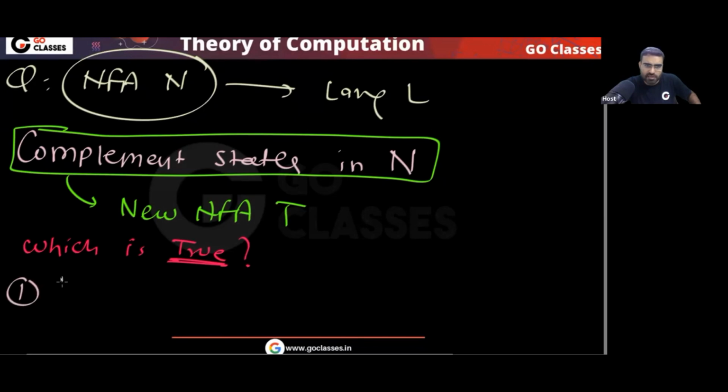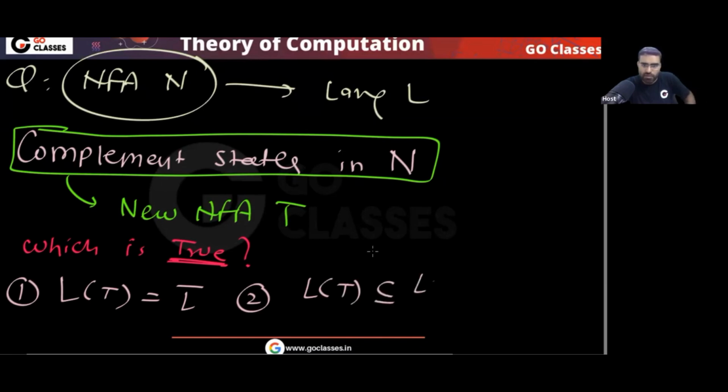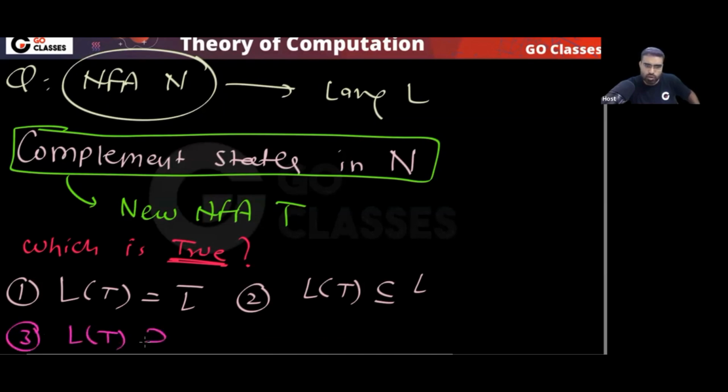The first option: the language of this new NFA T will be L complement. Second option: language of NFA T is a subset of the language L. Third option: the language of this NFA T is a superset of L complement.